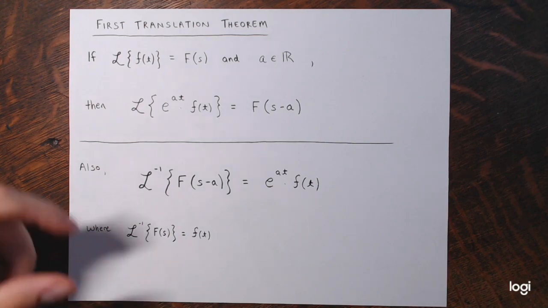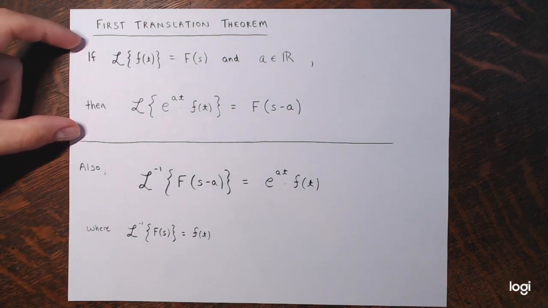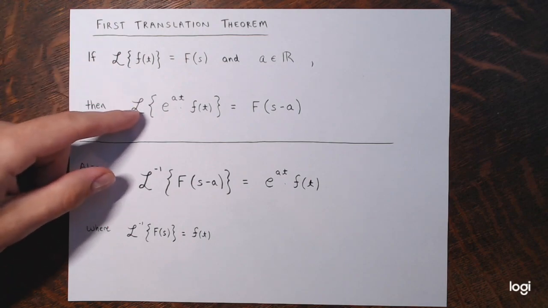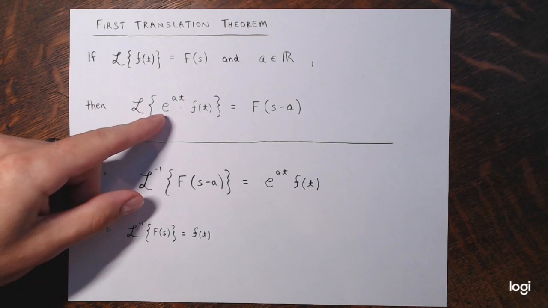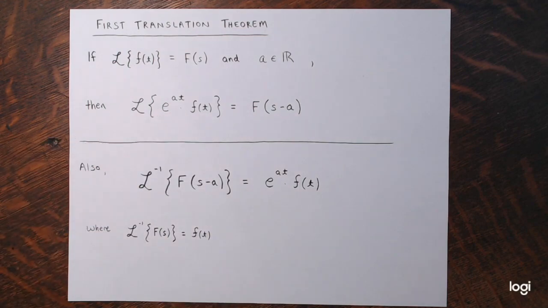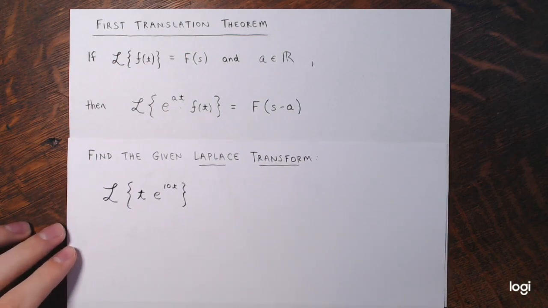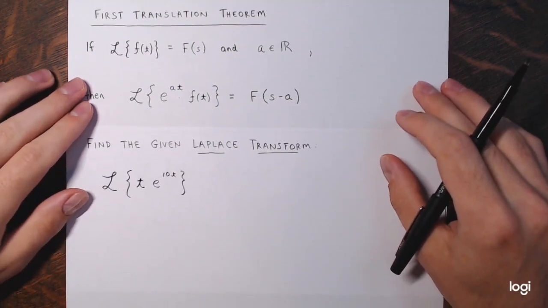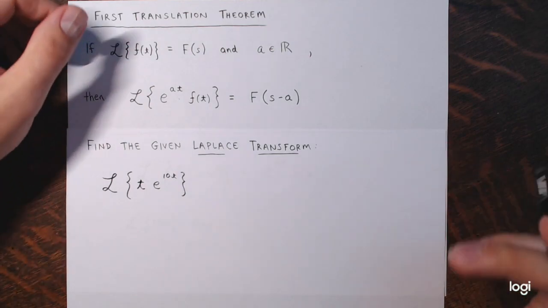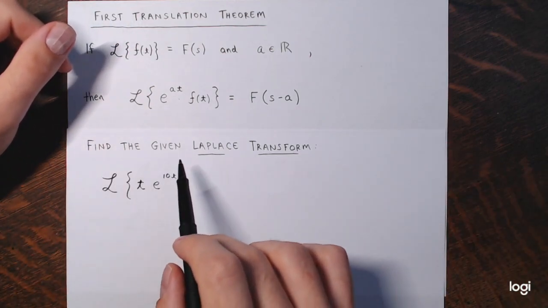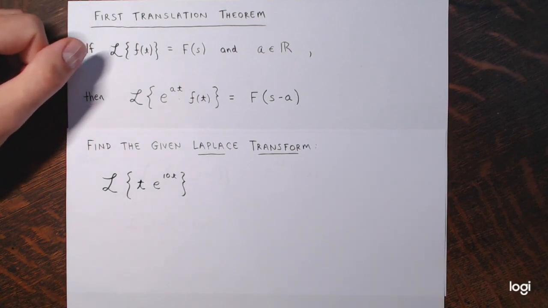Alright, so let's first start off using the top part, where I'm finding the Laplace transform of some exponential multiplied by a function of t. So in this first example, and for the first four, I believe I have 4 examples here, we're asked to find the given Laplace transform.